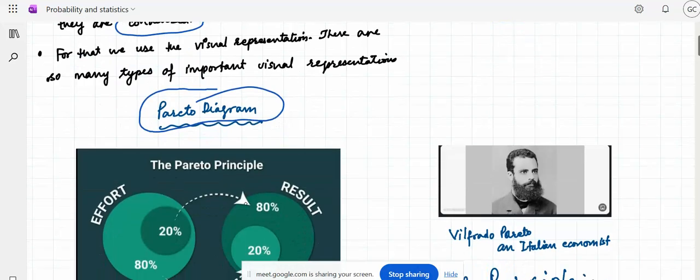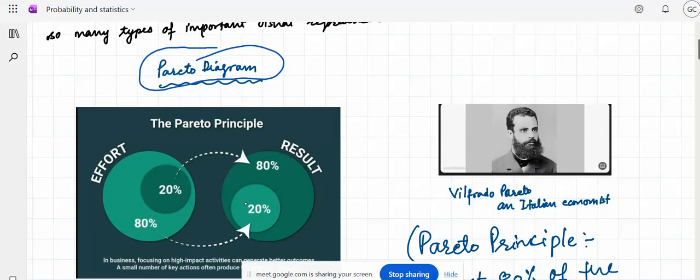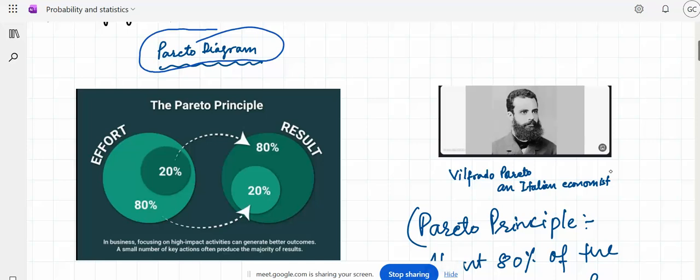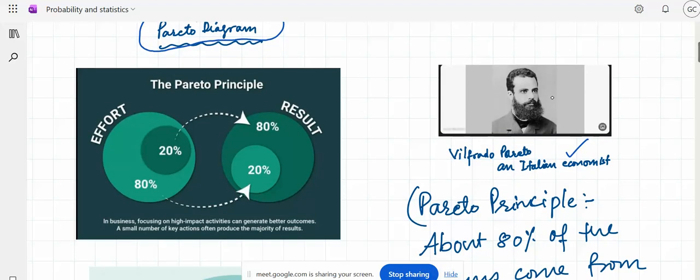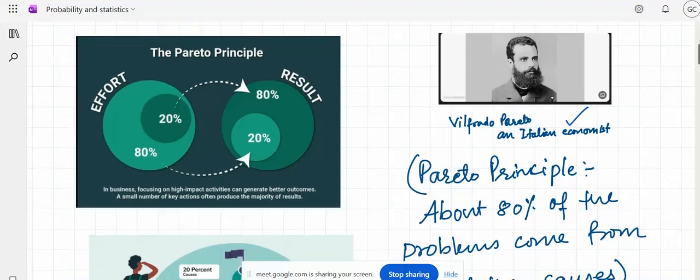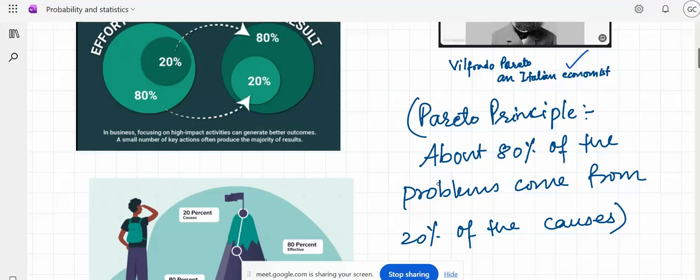So who is Pareto? As we can see, it's the name of a person. He was an Italian economist. This is the picture of him, Vilfredo Pareto, right? He has this principle, which we can use in our life also. He says that about 80% of the problems come from 20% of the causes, right? So what does that mean? Most of the things which we care about have so many causes.